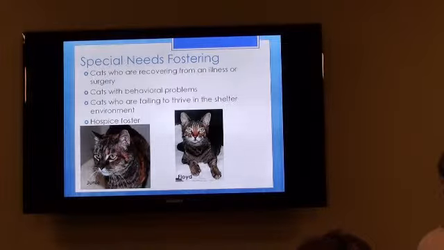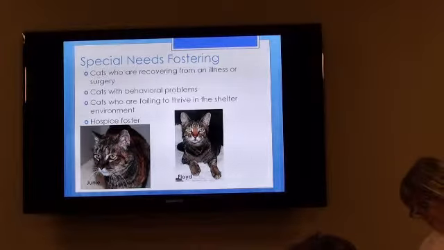They are either just really shy and scared, or they're aggressive and they lash out, and so we need to put them into foster homes. And then we've got cats who are failing to thrive in the shelter environment. We haven't really had any of those recently that I can think of. The last one I think we had was Dallas, right? Yeah, which is like 5 years ago.